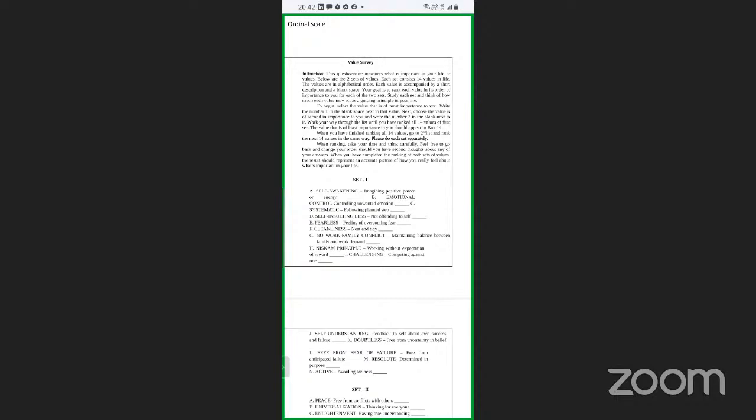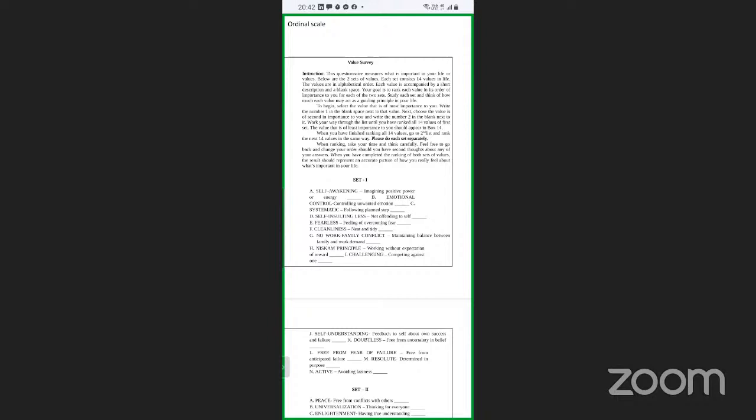Next, choose the value that is second in importance to you and write the number 2 in the blank next to it. Work your way through the list until you have ranked all 14 values of the first set. The value that is of least importance to you should appear in box 14. When you have finished ranking all 14 values, go to the second list and rank the next 14 values in the same way. Please do each set separately.